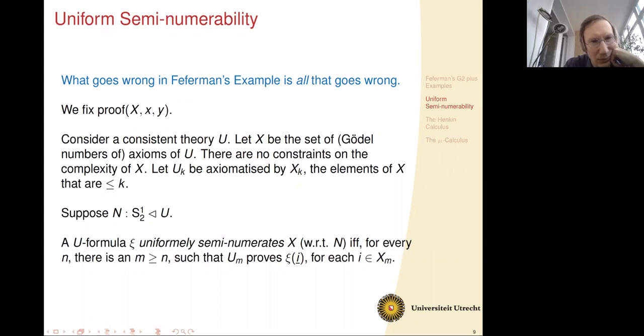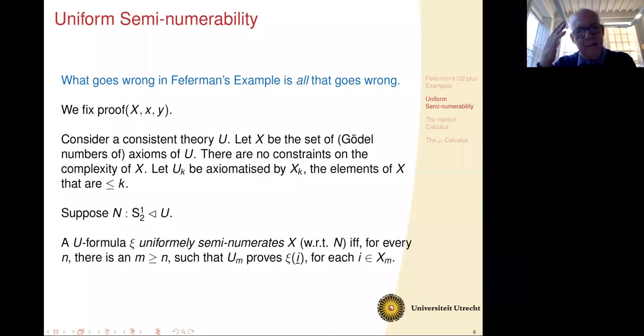Let's consider our consistent theory U, and let X be the set of Gödel numbers of axioms of U. There's no constraint on the complexity of X at all. X could be sigma 1, sigma 2, X could be pi 10,500, X could be even outside any classification that we have. X could be as complicated as you want.